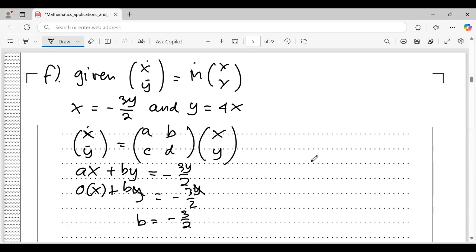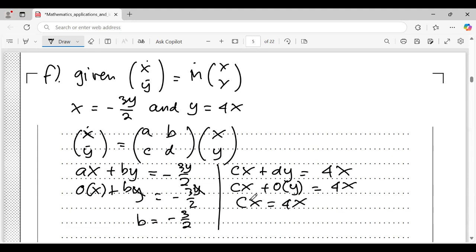Next, if you calculate cx plus dy equals 4x, there is no y variable here, so d must be 0. And cx equals 4x, and x equals x, so c equals 4.